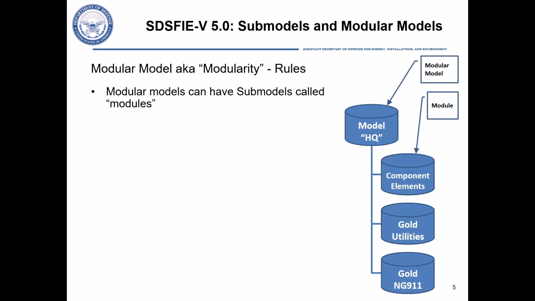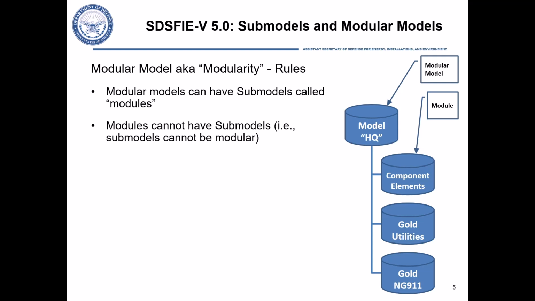The example at the right is a model named HQ that contains 3 submodels: component elements, gold utilities, and gold NG911. Note that in addition to the 3 submodels, the HQ model itself may contain elements such as entities, associations, functional datasets, and mission datasets.